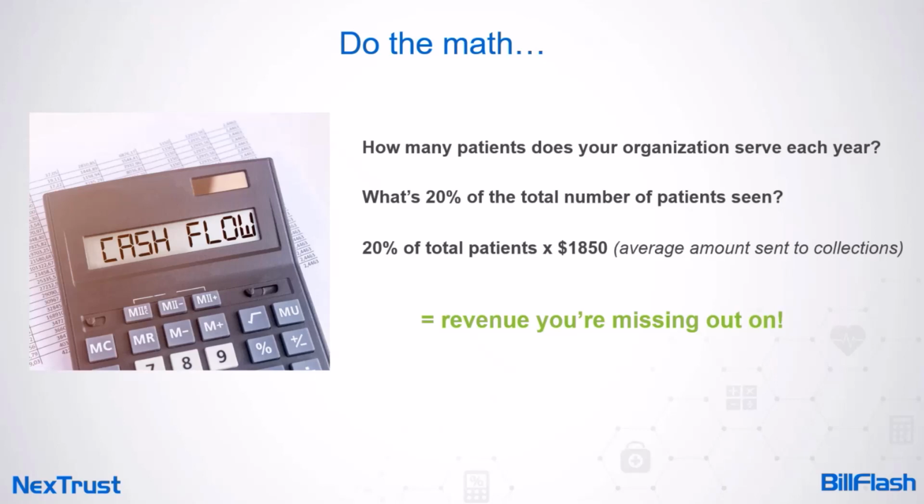So what we do is figure out how many patients your organization serves every year, calculate 20% of that total number of patients, and multiply that by $1,850. That will give you the average amount that's going to be sent to collections, and that is actually equal to the revenue that you're missing out on.